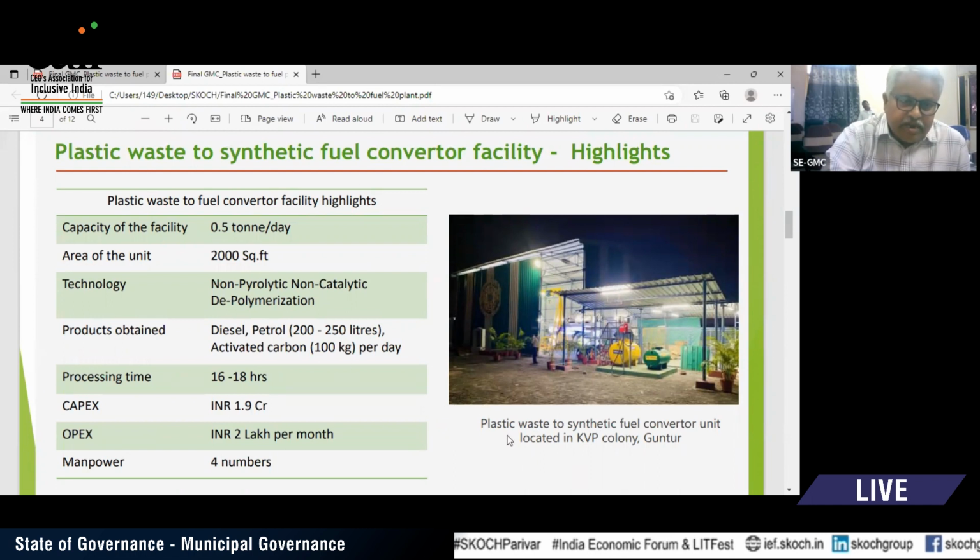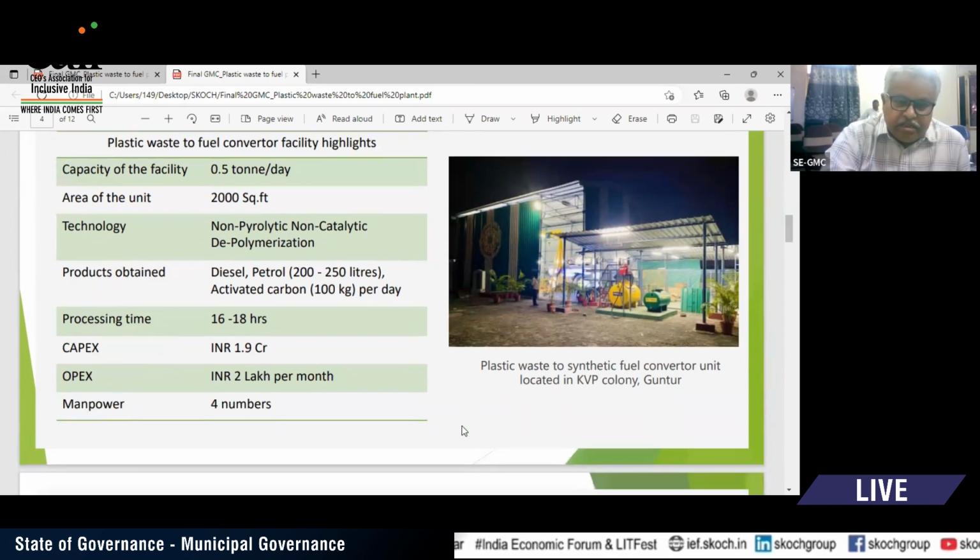The technology is non-pyrolytic, non-catalytic depolymerization. The products obtained are diesel and petrol. We are getting around 200 to 250 liters per day of diesel and petrol, and activated carbon of 100 kgs per day. Our processing time is 16 to 18 hours.